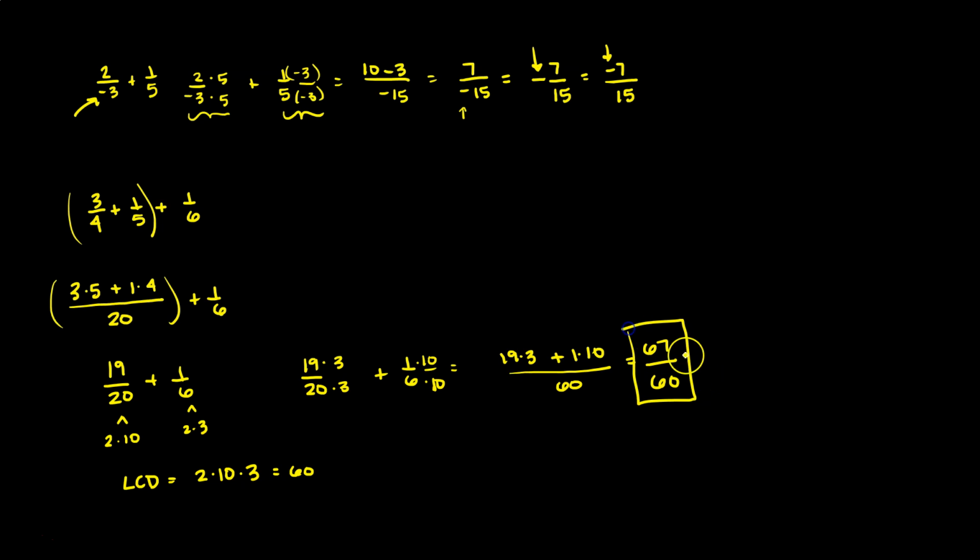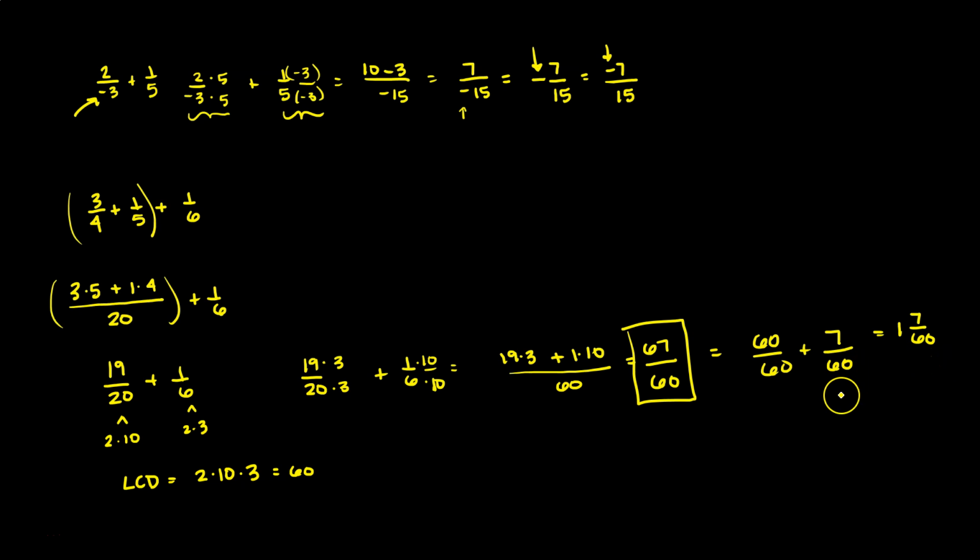Now again, this answer is perfectly fine. It's an improper fraction, but sometimes it's worth converting that to a mixed number, so I'll go ahead and do that. 60 over 60 plus the remaining 7 pieces over 60. That would look like 1 and 7 over 60.